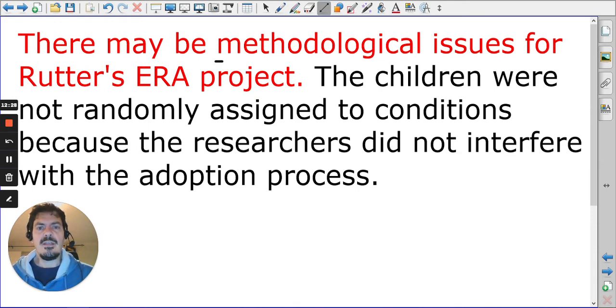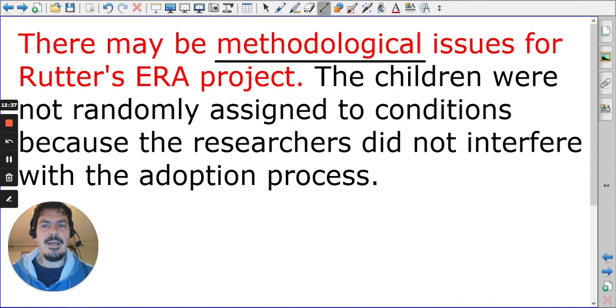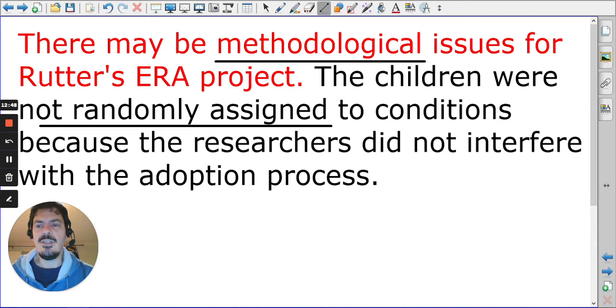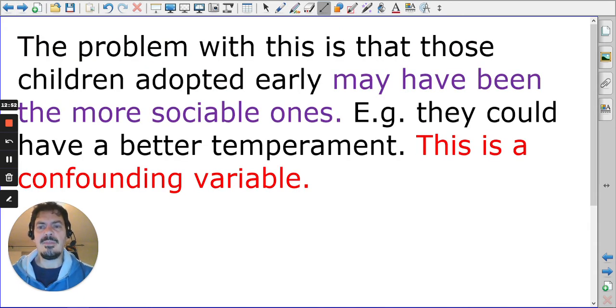Now, it's said methodological issues, and this is potentially unavoidable, but it comes up as a confounding variable. What we find is that the children who were adopted were not randomly assigned to the condition of whether they're adopted, and at what stage and things like that. And of course we could expect that they may bring up some problems.